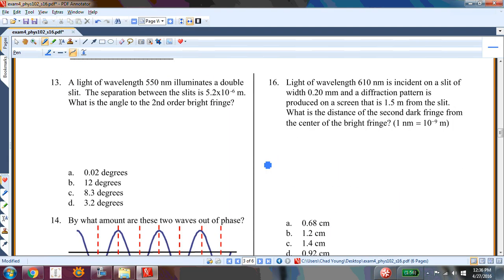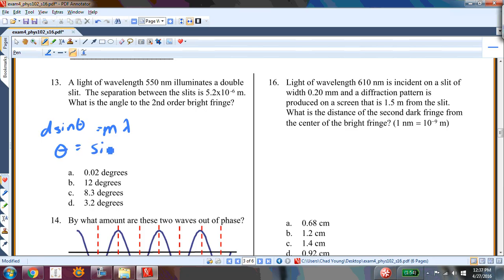Light of wavelength 550 illuminates the double slit. What is the angle to the second order bright fringe? Okay, so m lambda equals d sine theta. Here I'm just looking for theta.